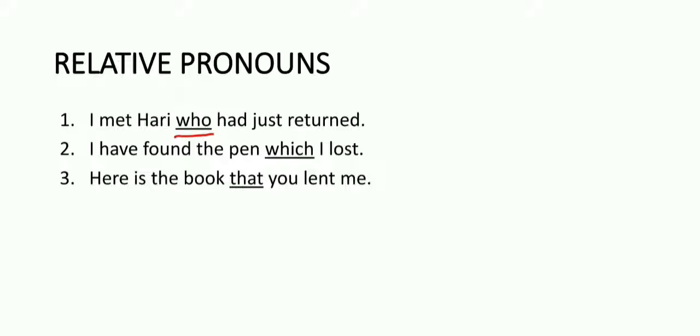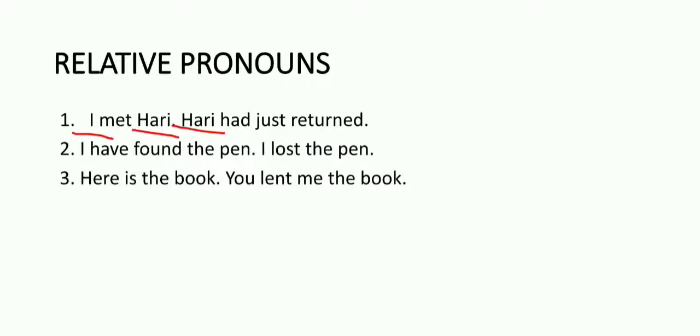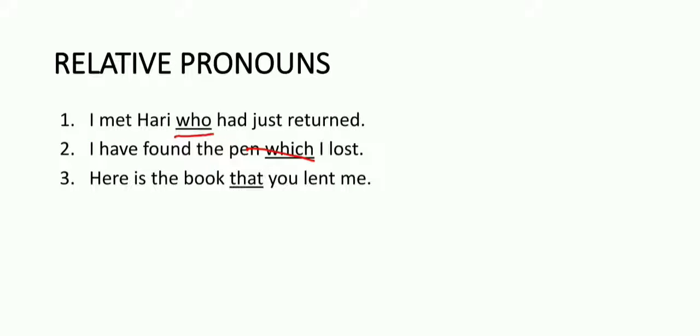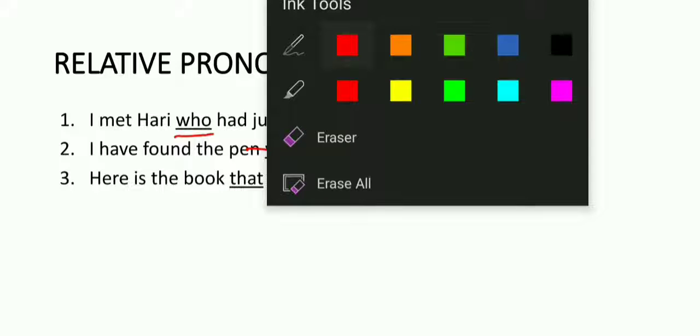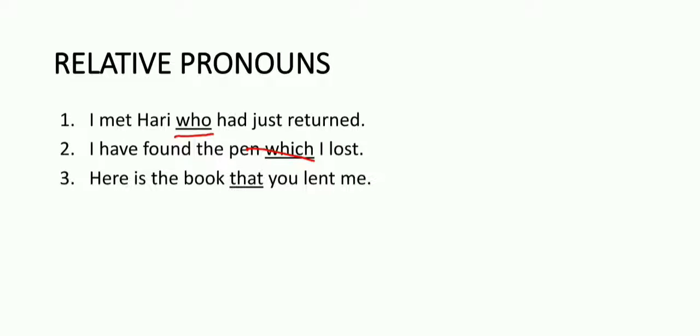In the second sentence, I have found the pen which I lost. Now here this which is used in place of the pen in the previous sentence. The same pen is repeated a second time. So here we have cleared the repetition of the pen and used the word which.